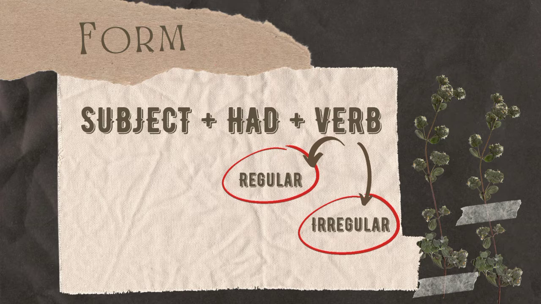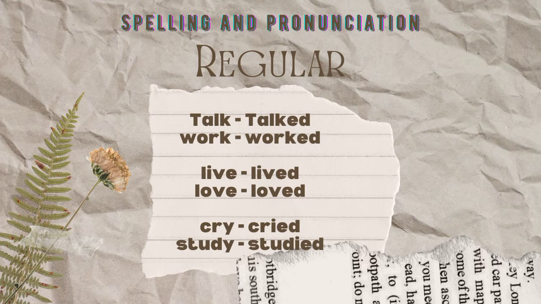Well, it's different for a regular verb and for an irregular verb. For regular ones, we will usually add only ed or d or whatever, which we're going to look at.